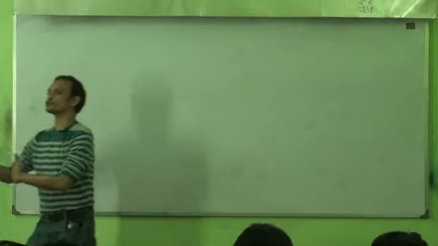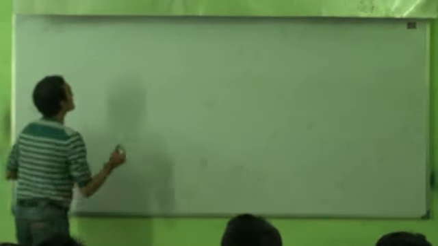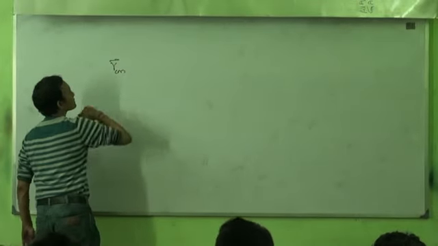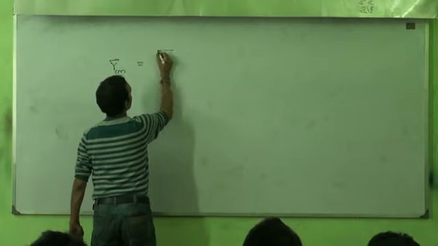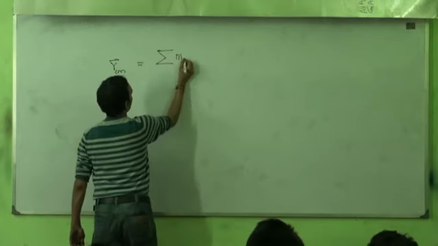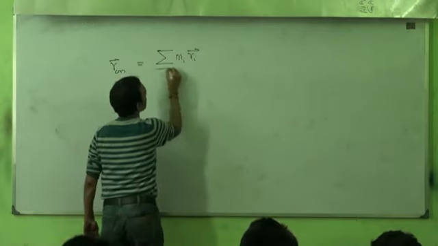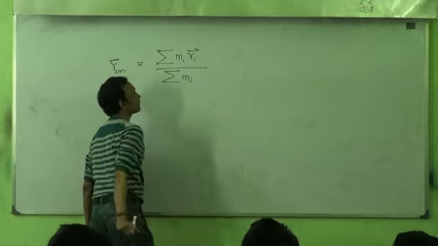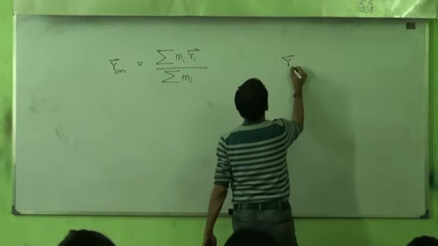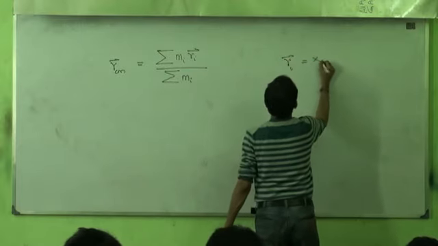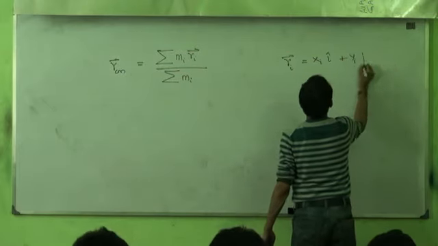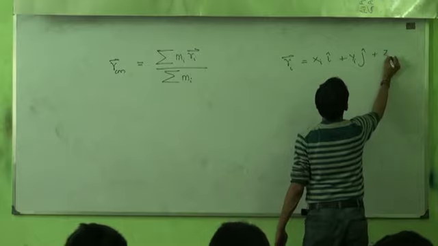In general, a single vector equation would reduce to three scalar equations. In the sense, the position vector of the center of mass is like summation mi ri by summation mi, where the position vector of the ith particle is going to be some xi i cap plus yi j cap plus zi k cap.